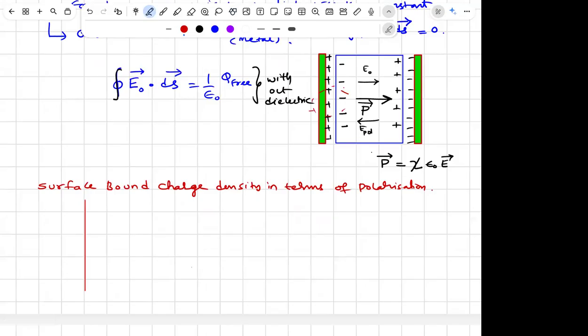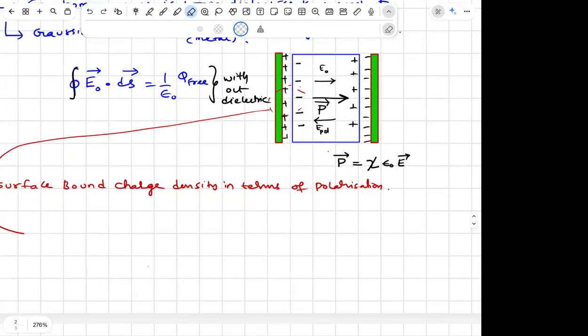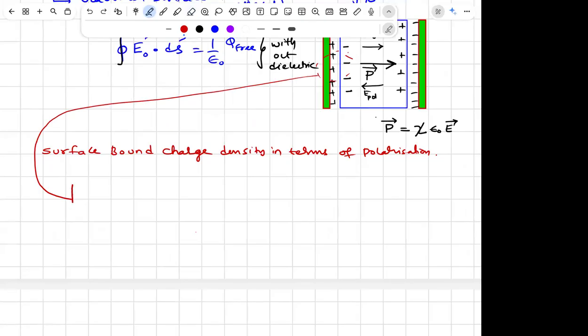Now, you take a portion here. Small portion on dielectric, you know this all.